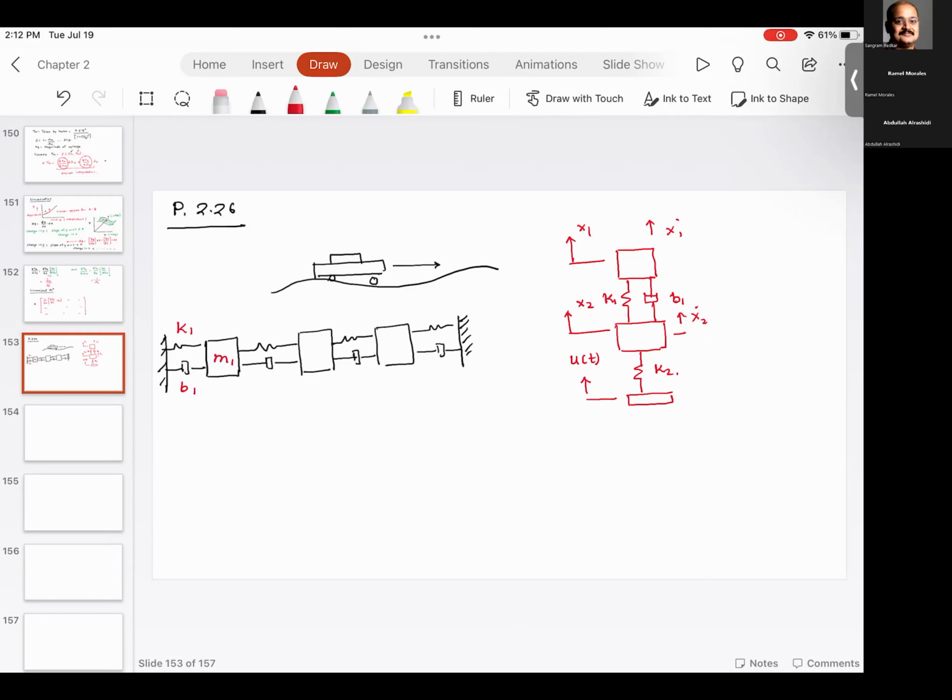So this is M1, this is K2, B2, M2, K3, B3, M3, K4, and B4. And if you recollect, here we have a mass matrix. Then we have a damping matrix.